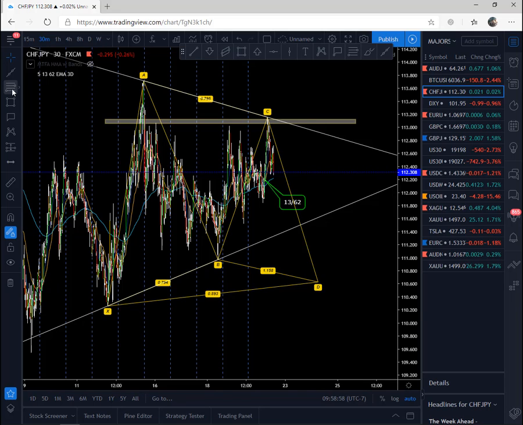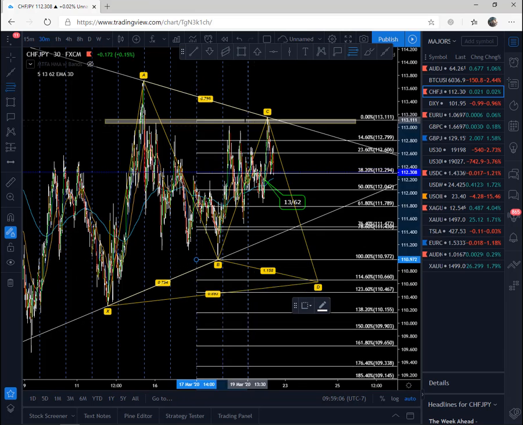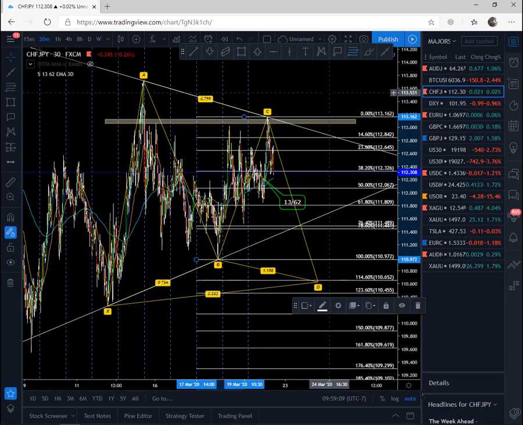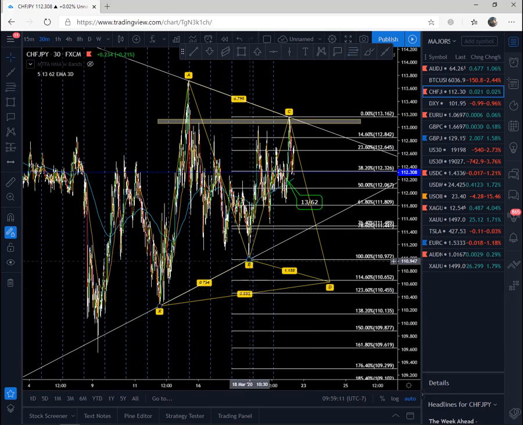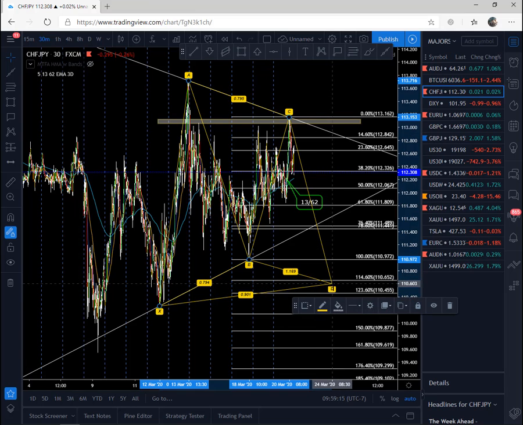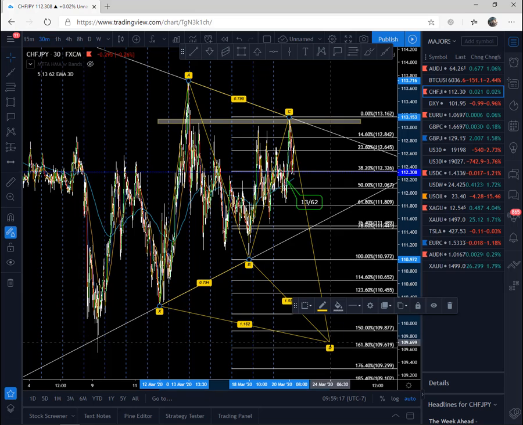And to project our D point, we use a fib retracement from B to C. Butterfly D points tend to complete at the 161.8.